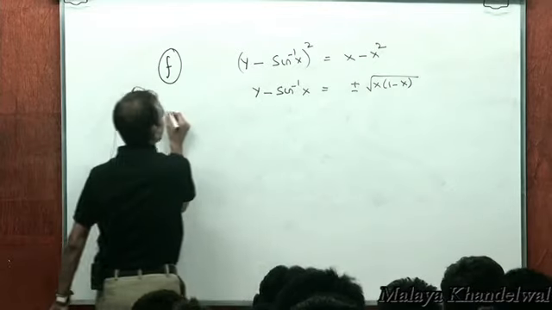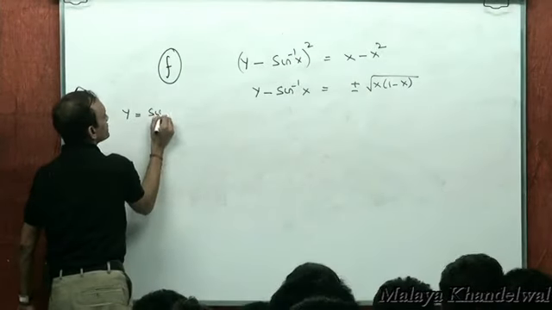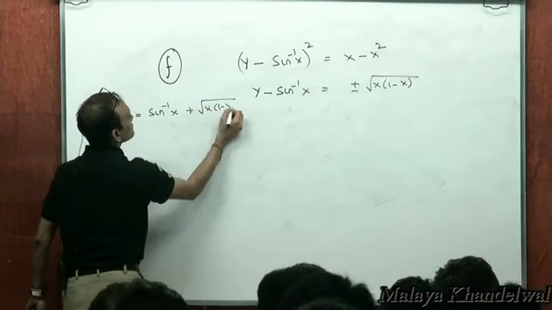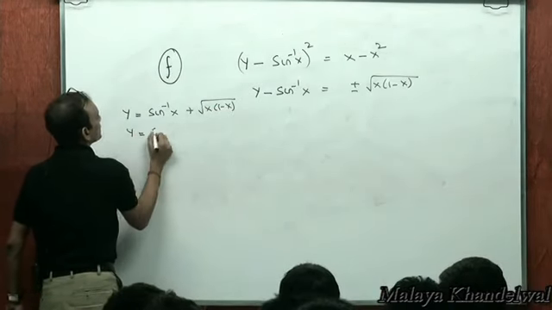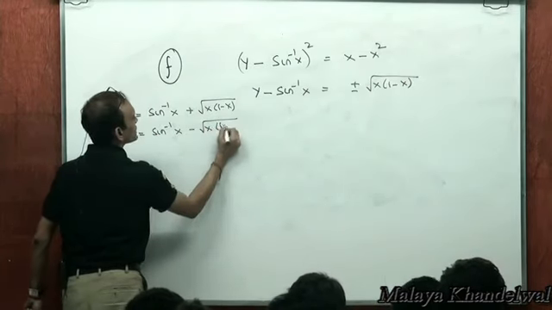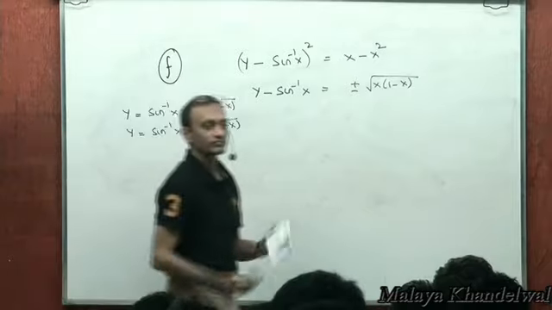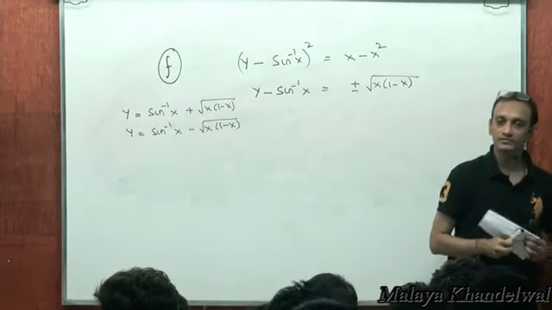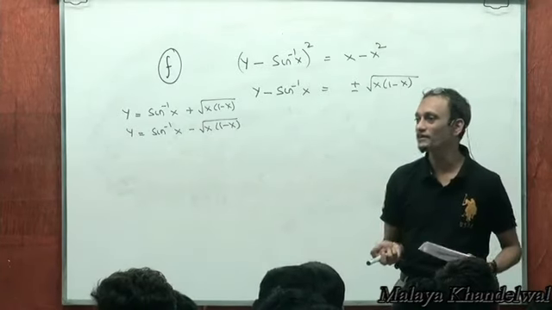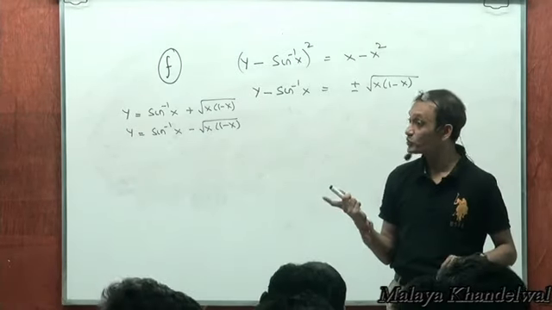We are talking of a curve y equal to sine inverse x plus root x into 1 minus x, and another curve y equal to sine inverse x minus root x into 1 minus x. These are the two curves that we are talking of, isn't it? We want to find the area between the two curves, therefore.